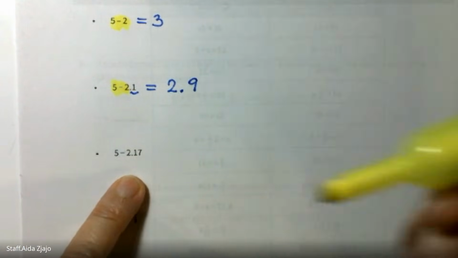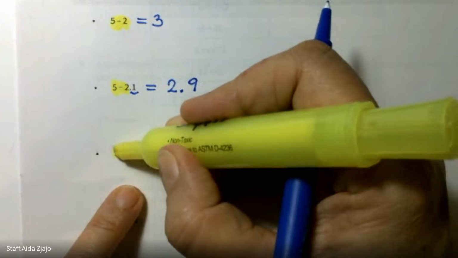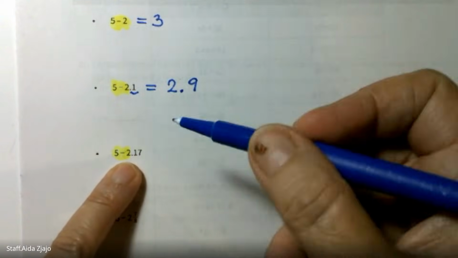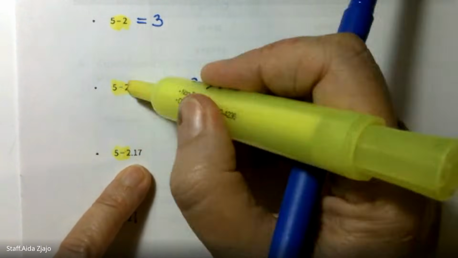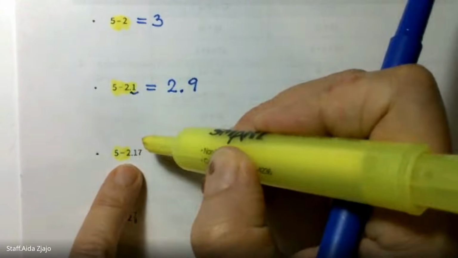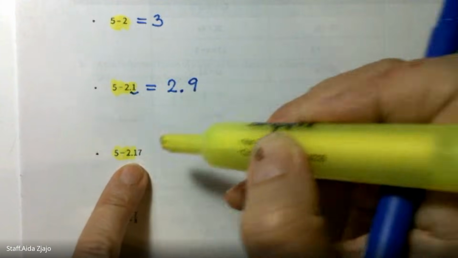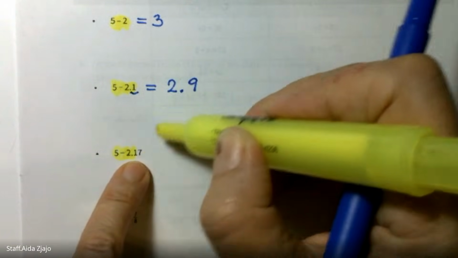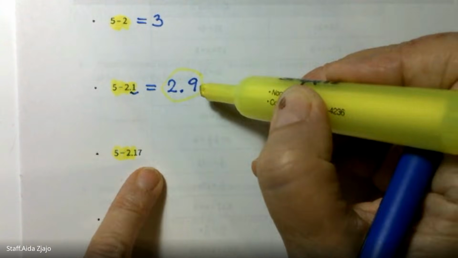Again, when you look at the next one, you have 5 wholes and give away two wholes. So again, the answer is 3, but then there is also the same term as previous, which is 5 minus 2 wholes and 1/10. So right now we know that 5 minus 2 wholes and 1/10 is actually 2 and 9/10.